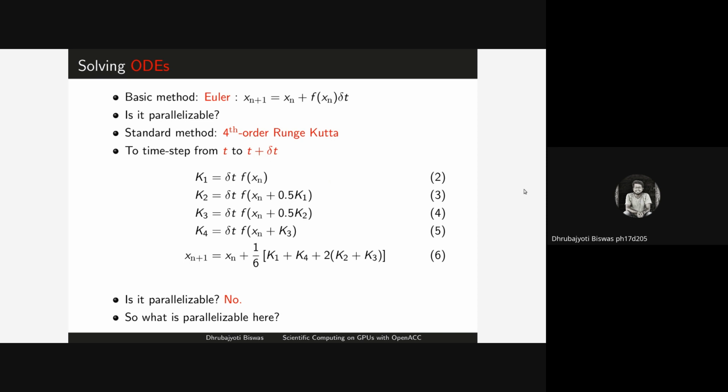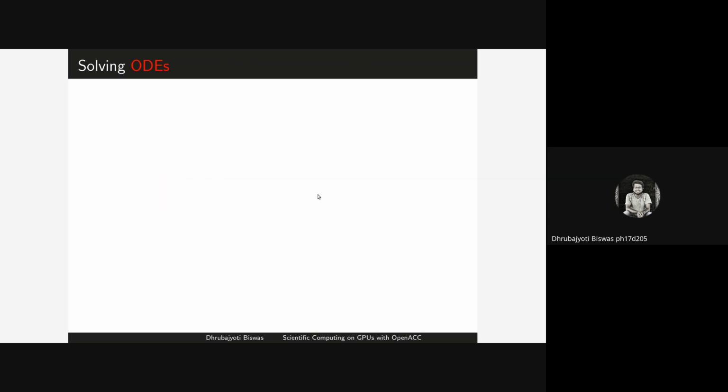Now you can understand that all the updates for a single variable i are independent. By the way, this coupling k I have used here is not the k1, k2, k3, k4.